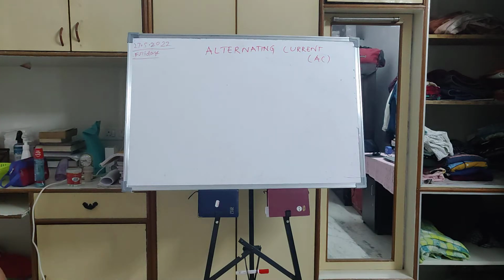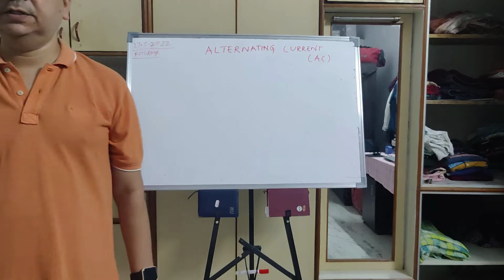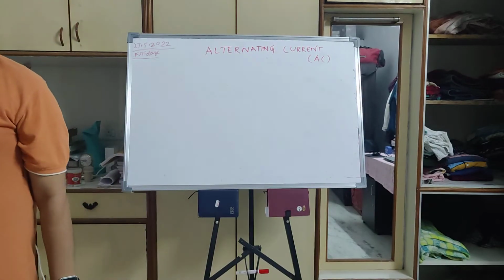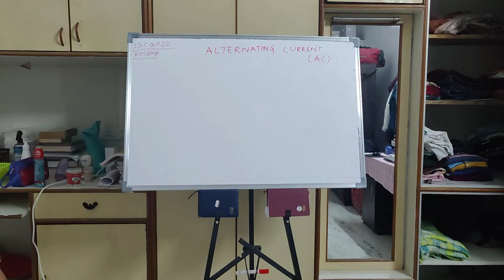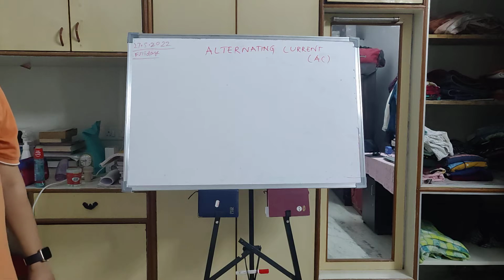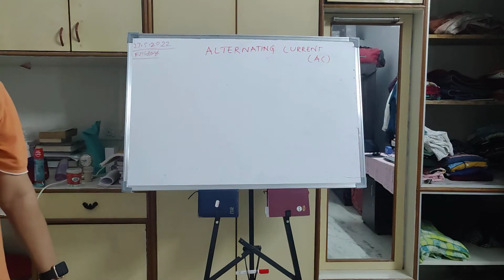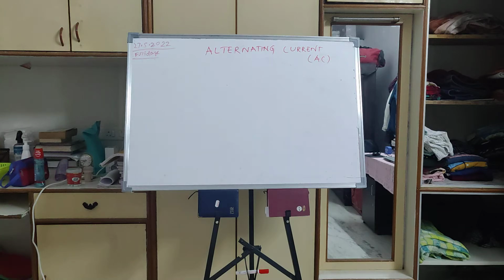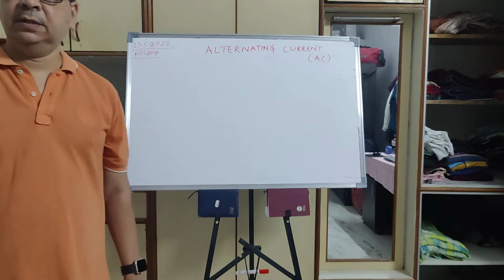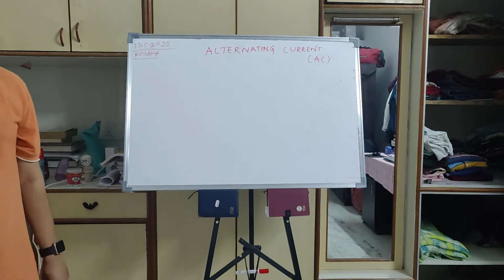You can have a combination of inductor plus resistor, called an LR circuit, and the most generalized one is called the LCR circuit. If in a circuit you have a resistor, an inductor, and a capacitor, that is called an LCR circuit.